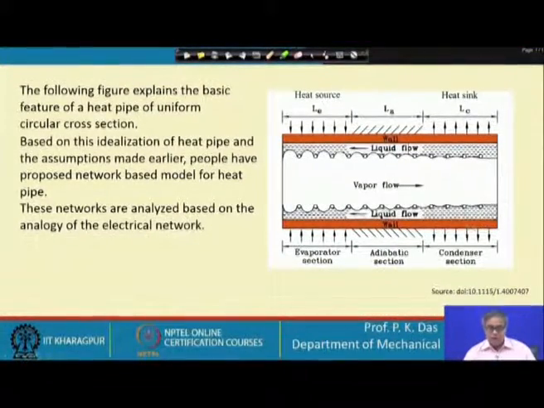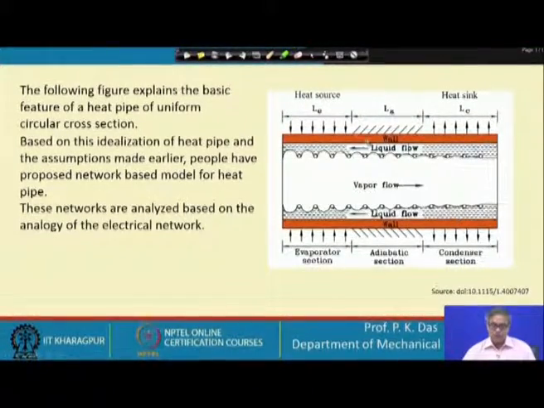Then very close to the wall, inside this container there will be some sort of a wick. There could be different designs of the wick as we have discussed, and this is a liquid impregnated, or liquid saturated wick. That means the pores will be filled up with liquid.